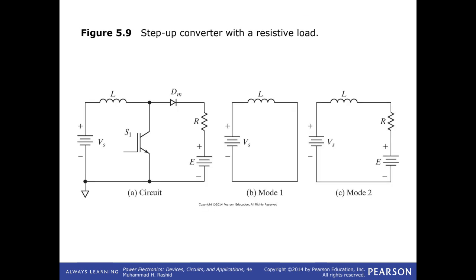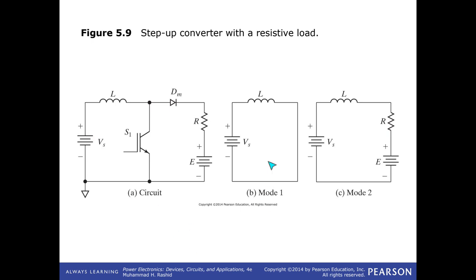Now that one is interesting here. It's actually step up, but there is a resistance added to the voltage or the battery. When you put it on, current is going to flow, and then when you put this switch off, current is going to continue flowing to the voltage, and it's going to produce a voltage higher than this one.